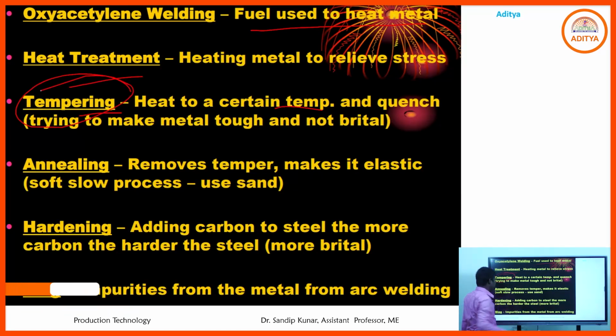Annealing: for removing the temper, it makes the metal elastic. Hardening: when we add carbon, the hardness of that metal surface increases, and that is called the hardening operation. Slag: some impurities added to the melting operation to avoid oxide formation. To avoid oxidation, we use slag in the welding operation.